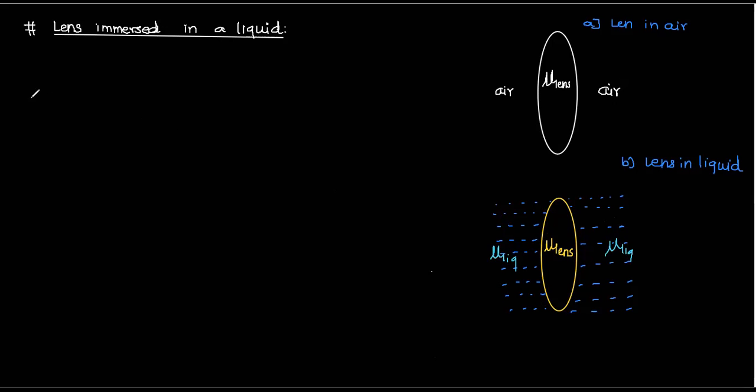So first, for case A, what will you get? 1 by Fa is equal to mu lens divided by mu A, so mu air is equal to 1, right? Minus 1, into 1 by R1 minus 1 by R2. Call this equation number 1.